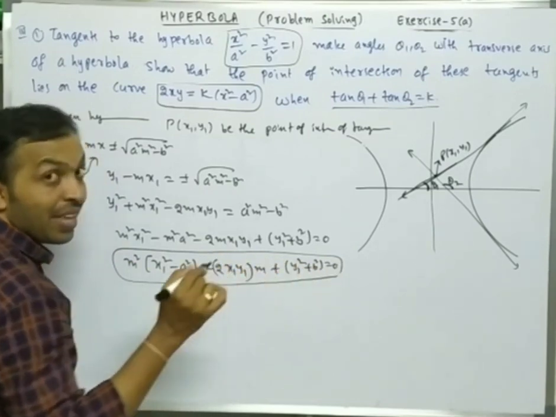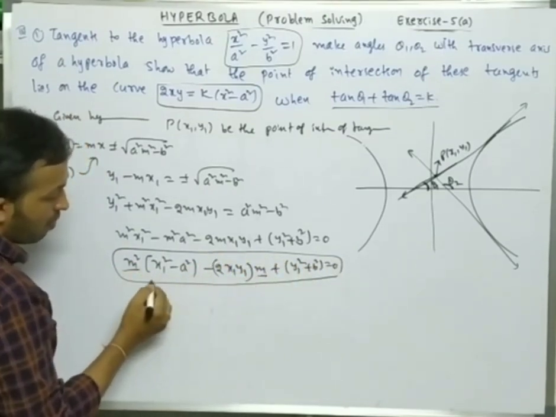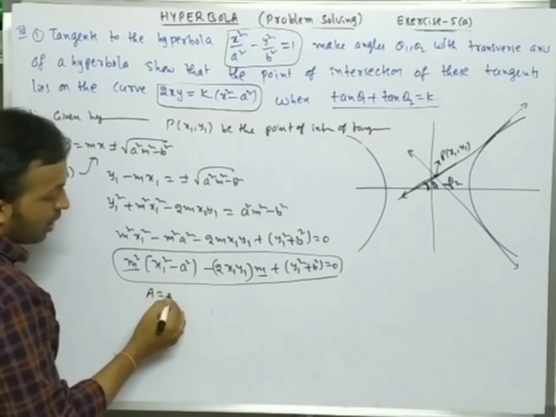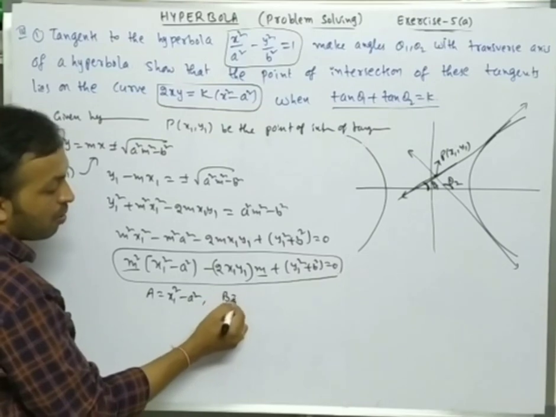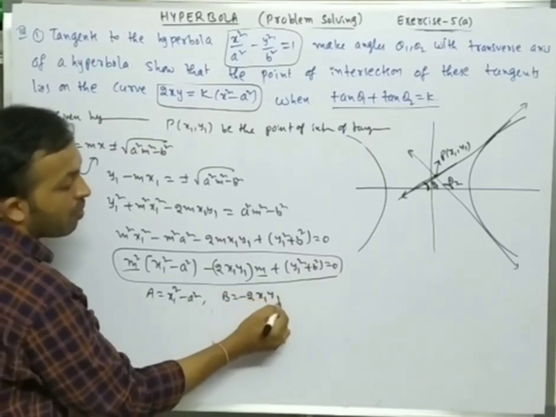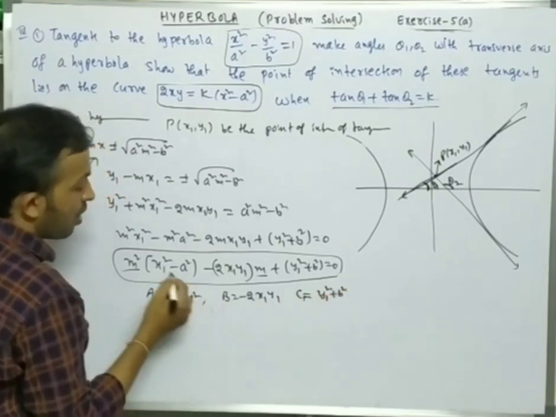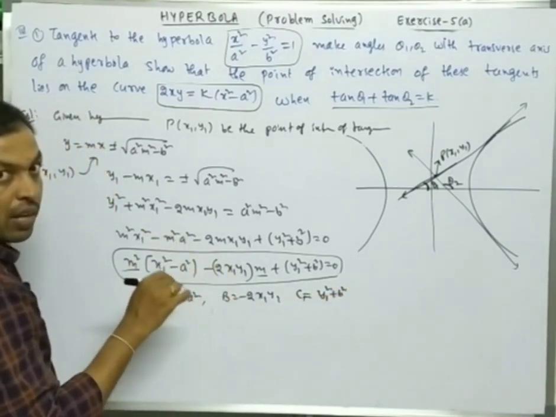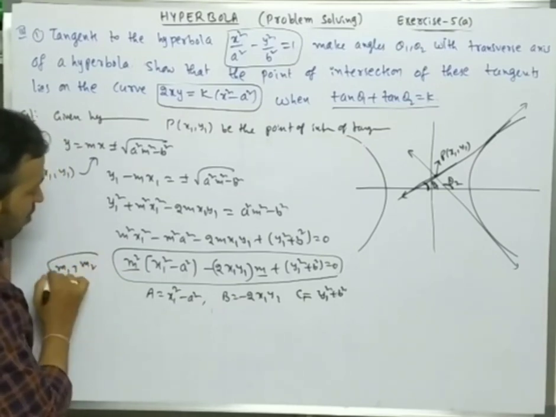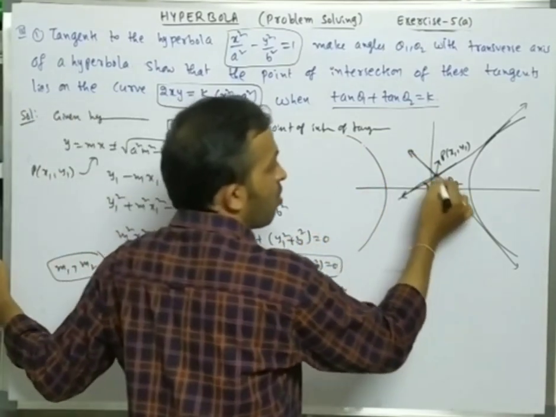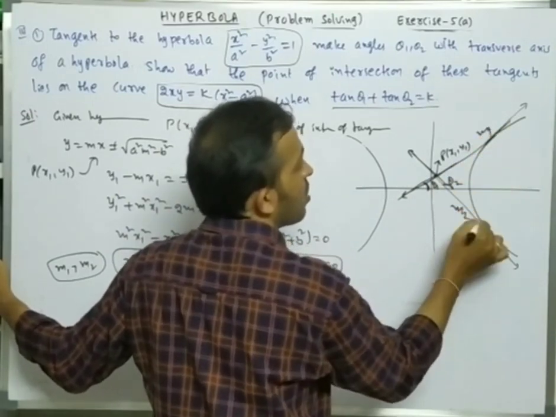Observe, this is a quadratic equation in terms of m, where a is equal to x1 square minus a square, b is equal to minus 2x1 y1, c is equal to y1 square plus b square. So it is a quadratic equation in m. It is having two roots, m1 and m2. m1 is the slope of one tangent, m2 is the slope of another tangent, right?